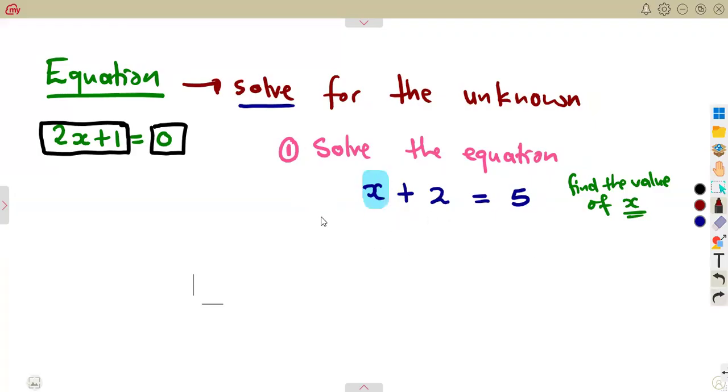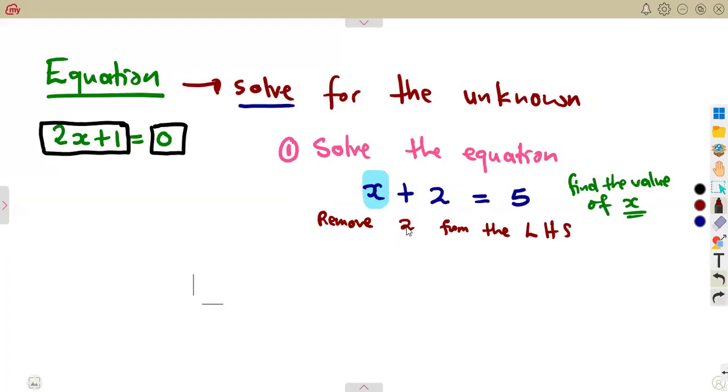So we must remove 2 from the left-hand side. I'm just going to write in short, left-hand side, meaning this side.